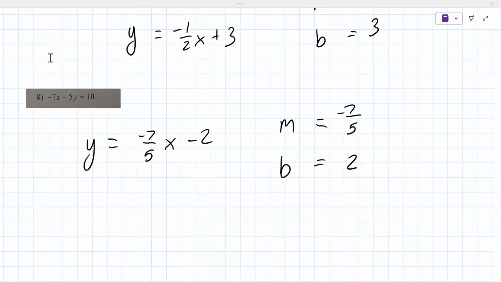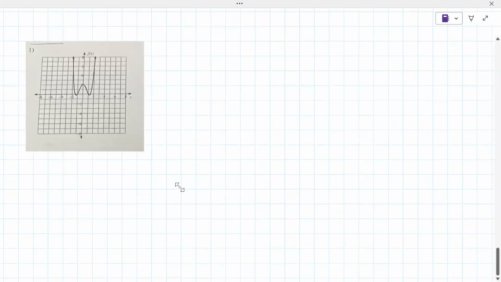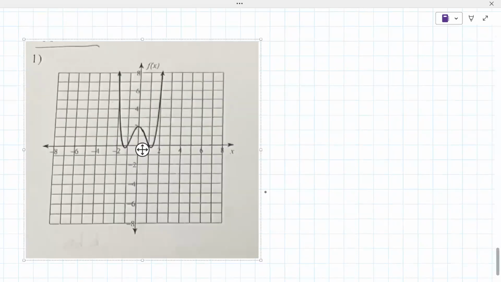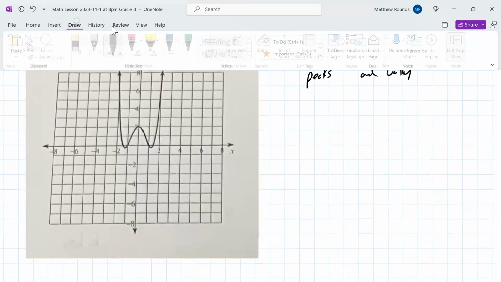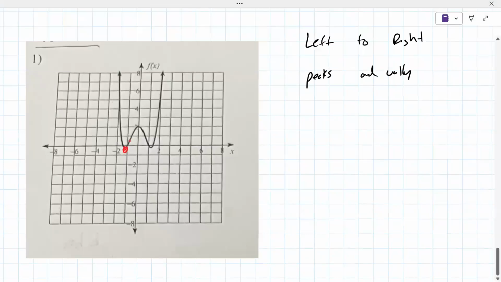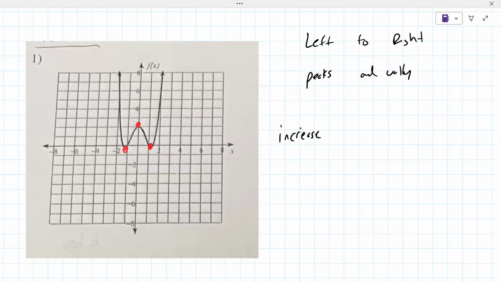Okay, so increasing means that the graph is going up and to the right. So you always look at these things from left to right. And then you want to identify peaks and valleys. And so the intervals of increase and decrease, they are the x values.